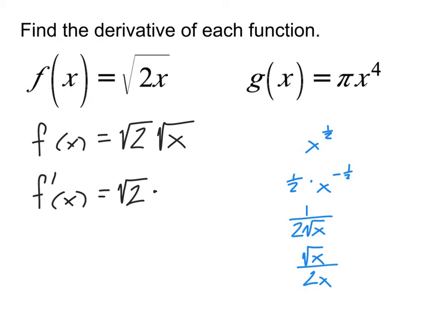Then we even got the radical out of the bottom. So the whole thing ends up being root 2 times root x over 2x. So then if I simplify my derivative, then f prime of x equals the square root of 2x over 2x.